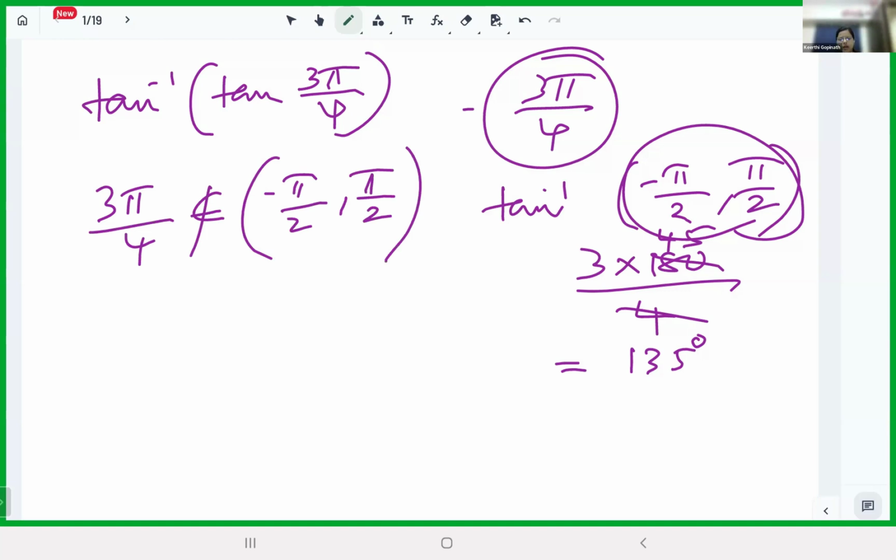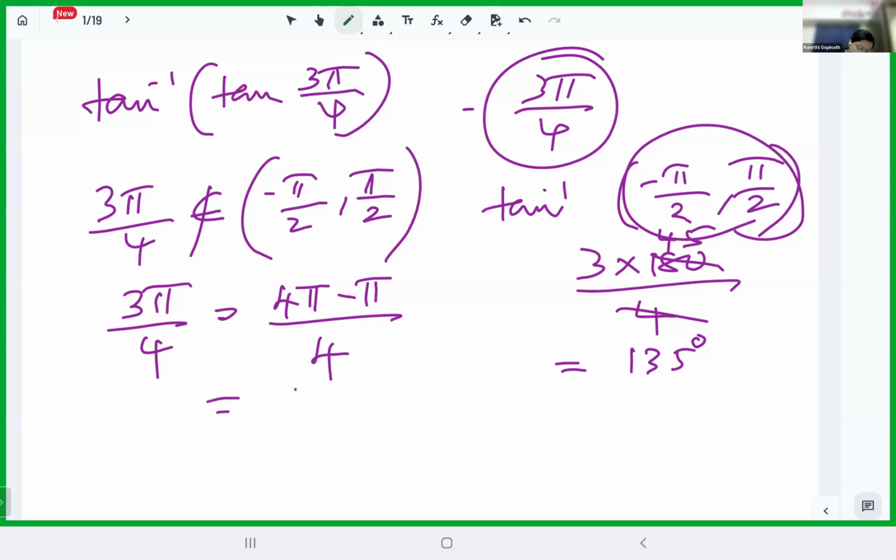So what we have to do is find the corresponding value of 3 pi by 4 that is in the principal value branch of tan inverse. For that I am going to split this 3 pi by 4. 3 pi by 4 can be split as 4 pi minus pi by 4, so we get pi minus pi by 4.